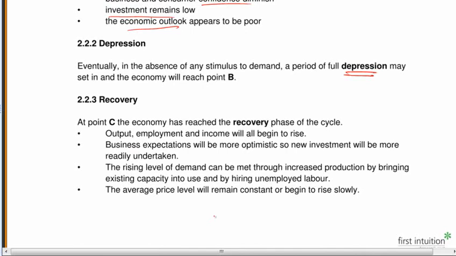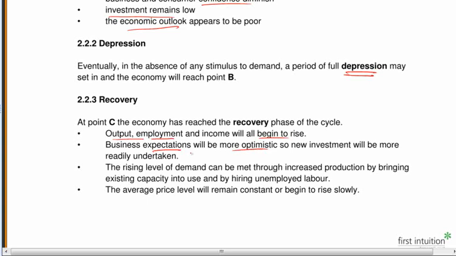In some ways it's a case of things can't get any worse at some stage, and then things will start to turn around. Quite often things turn around because of government policies. At that stage, the government will cut back on taxation and perhaps increase government expenditure, perhaps reduce interest rates to stimulate the economy. So we will then start to recover. Output and employment begin to rise.